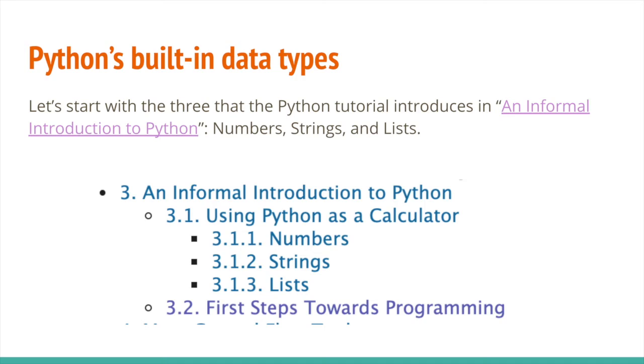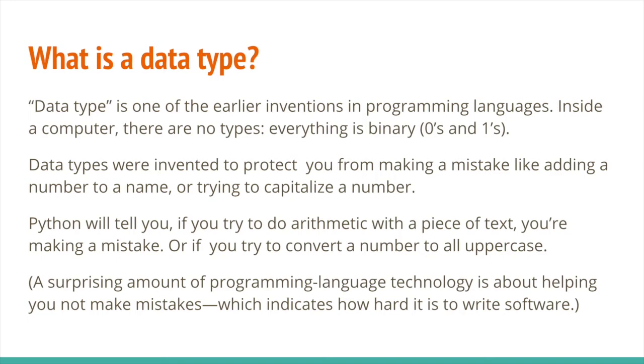If you go to that link, you'll see in the example of using Python as a calculator, the tutorial will talk about numbers, and then it'll talk about strings, and then it'll talk about lists. I mentioned the word data type without introducing it properly. By now you know that it refers to different kinds of data we deal with.